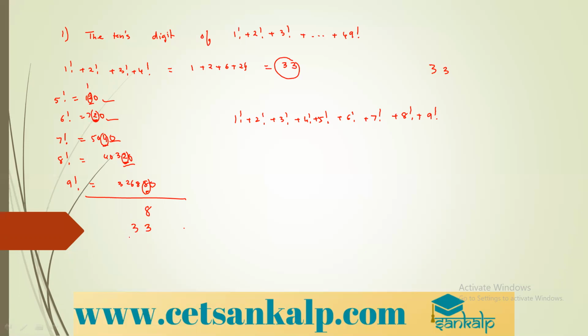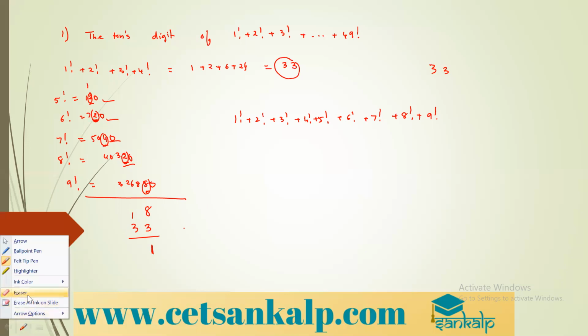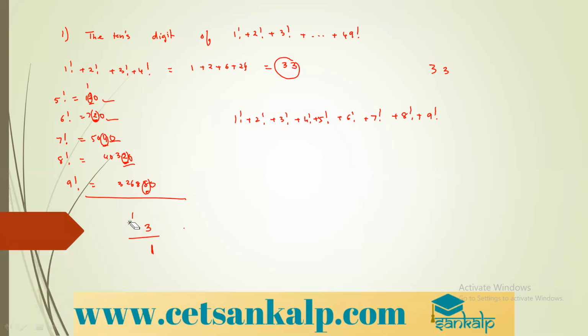This 33, so I will be having 1 and 1 carried. Is this clear? So I'm taking only tens digit. That is why to this 8 which I got here, to this 8 which of course I have carried. See?